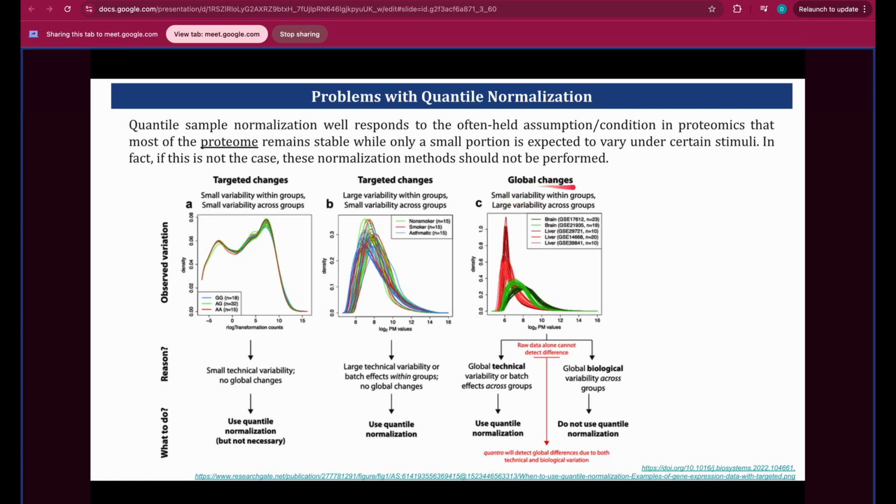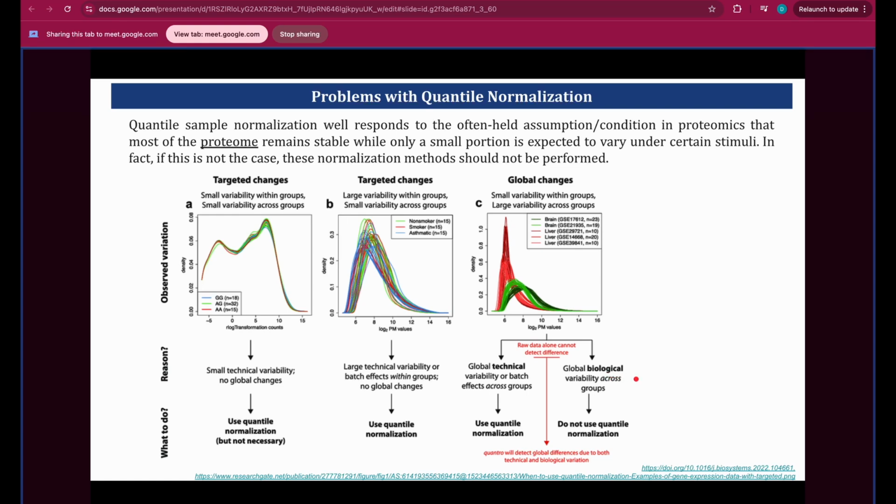But if the changes are global, which means that within the groups the variability is small, but across the groups the variability is large, one reason for this variability could be global technical variability. That means there could be some batch effects, but you should also make sure, because these are compared across groups, that this could also be a biologically relevant change between those groups, because those groups might vary in their expression profiles.